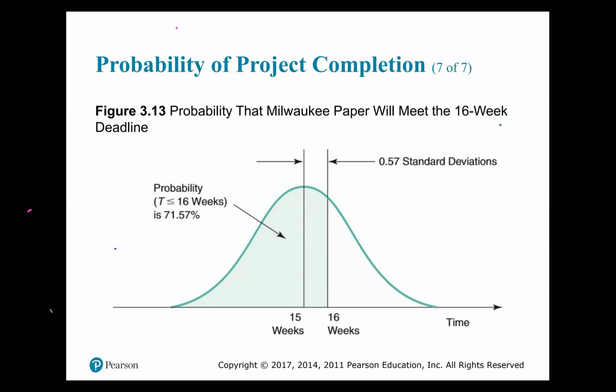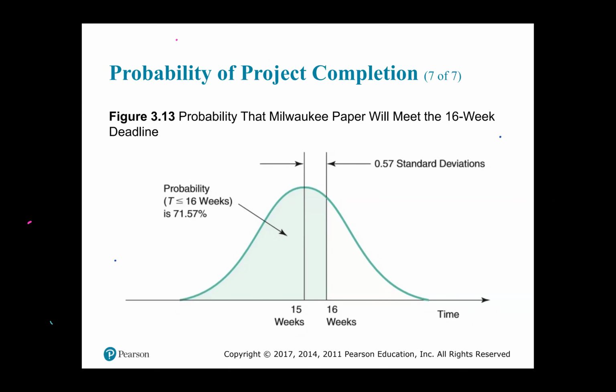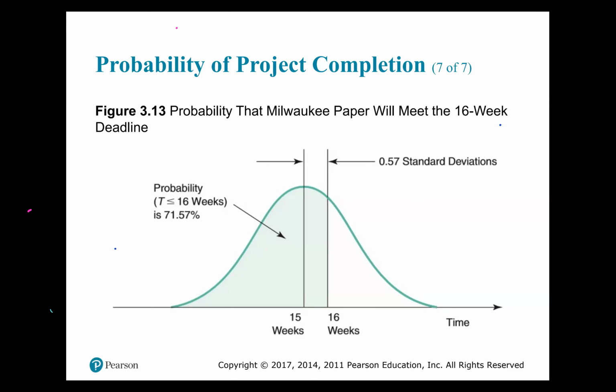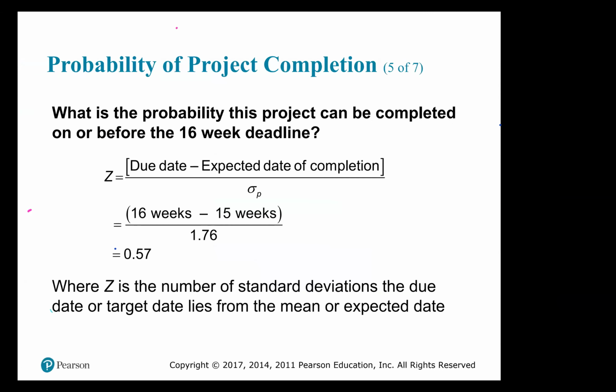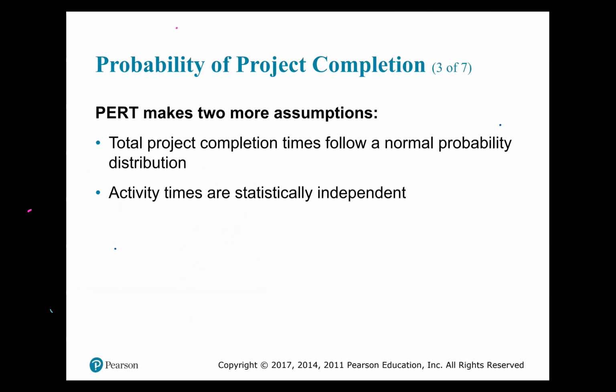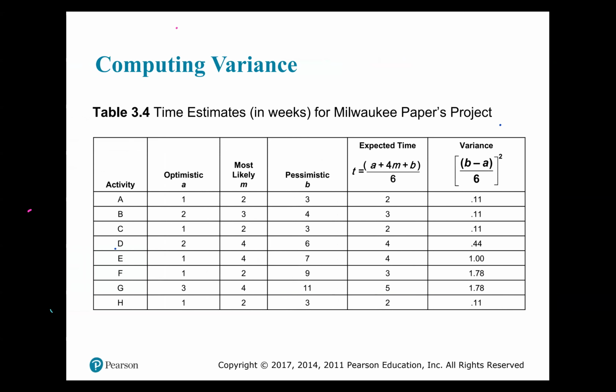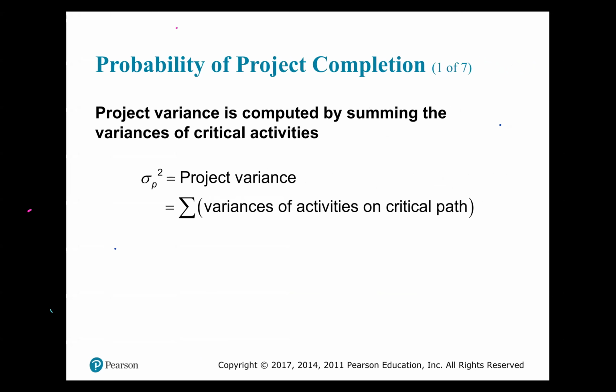It doesn't matter how many weeks, whatever the requested weeks are. So we need to find the Z value to help us with that. But in order to find the Z value, we need to find the variance of the project. Why do we need to find the variance of the project? So we can find the standard deviation.